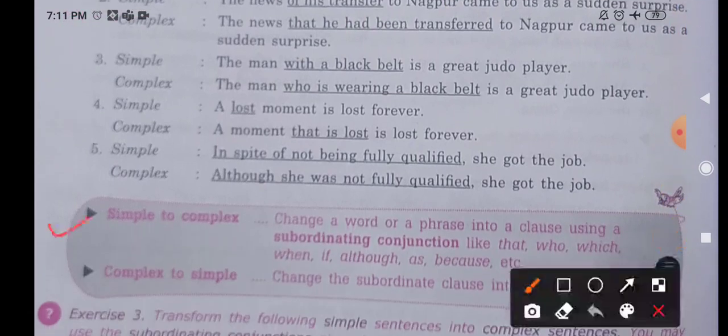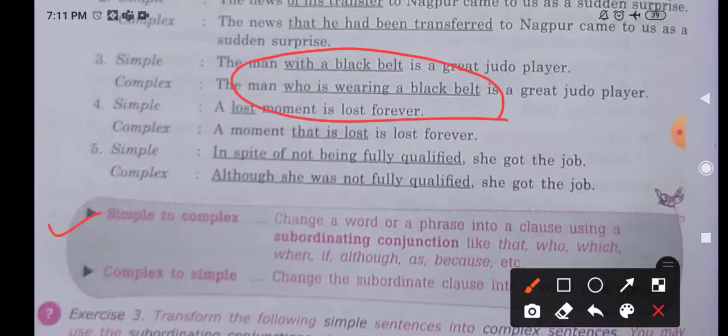Let's go through these lines. Simple to complex: change a word or a phrase into a clause, like the way we did just now, using words like that, who, which, when. We changed the phrase to a clause and started the clause with "that".